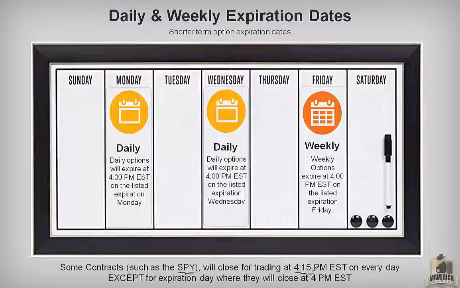They stay open for an extra 15 minutes. So let's say hypothetically that I own this Wednesday expiring option, and it's trading on Tuesday. Well, it would trade until 4:15 p.m. If I wanted to buy or sell this call or this put option, I can do it for that extra 15 minutes. Where everything else closes down, this actually continues to trade.